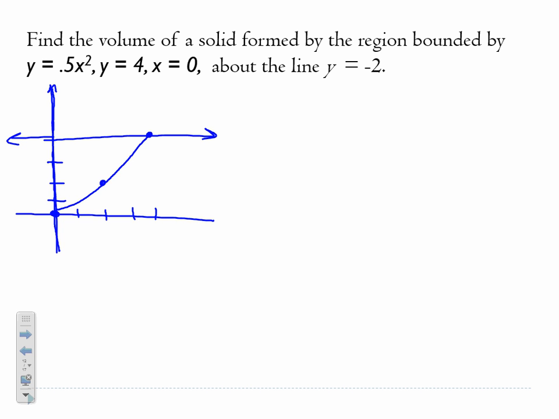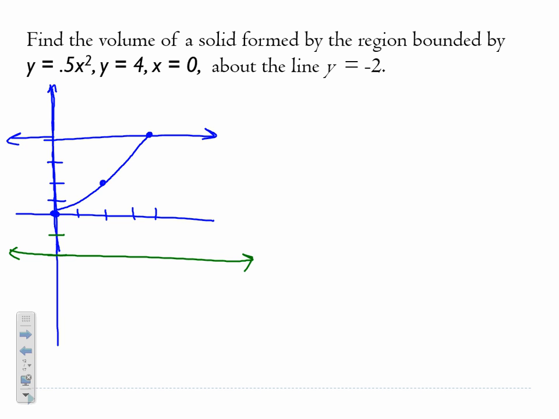What we're going to do is rotate this around y equals negative 2. Would that intersection be 4, 4? It wouldn't be. It would be 3, 4.5. So what's our intersection point then?